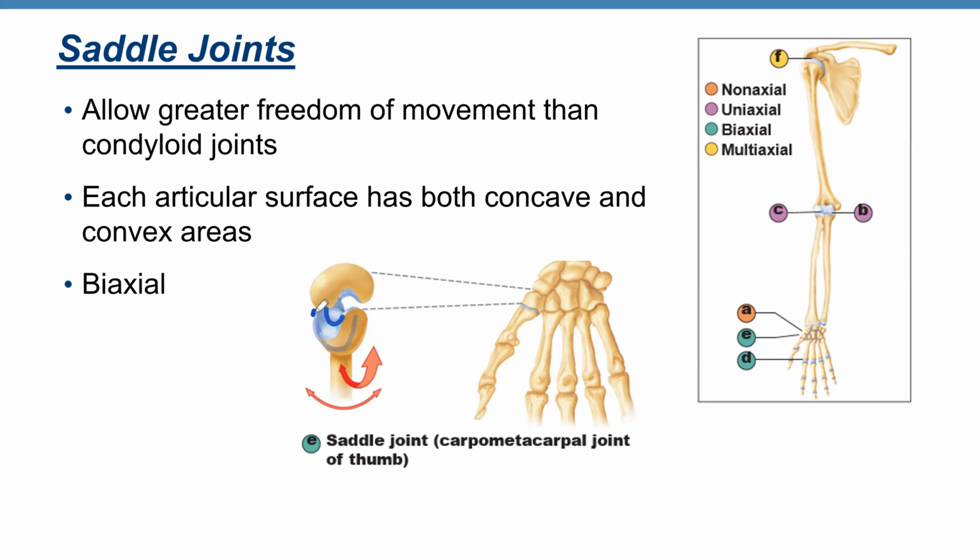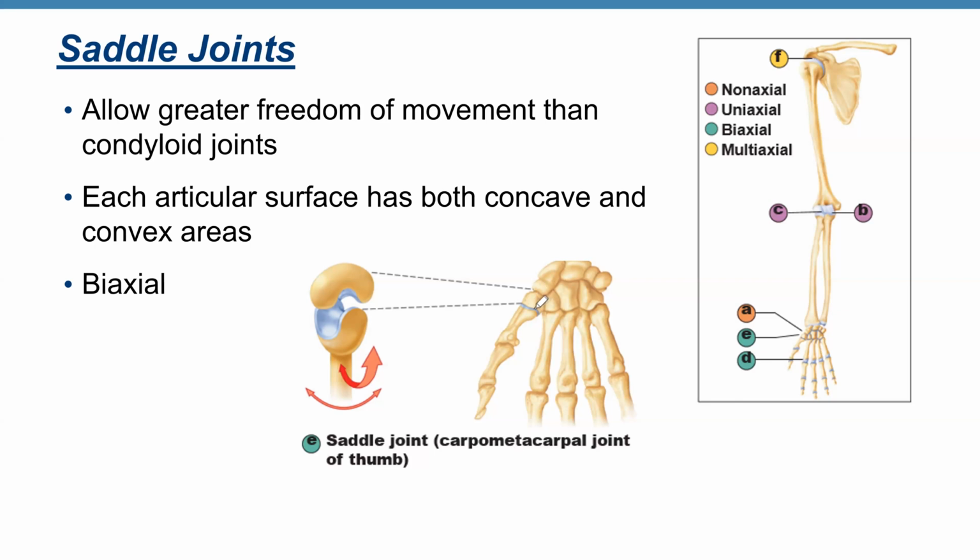So concave and convex, and it's kind of like a seat. One bone sits within another bone, and the example will be the carpometacarpal joint of the thumb.